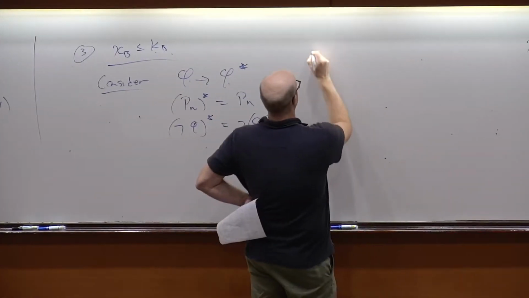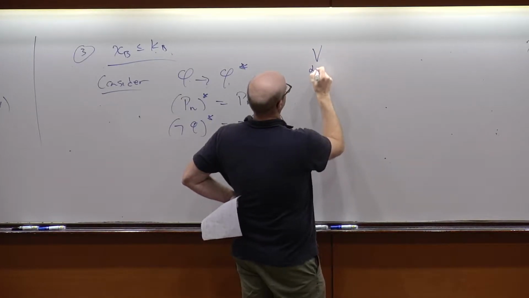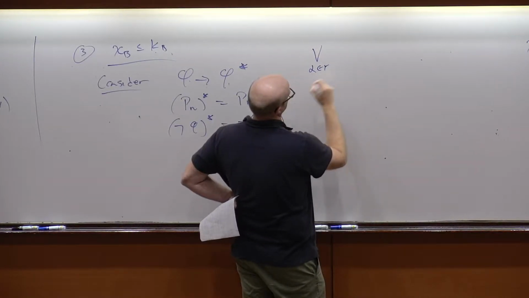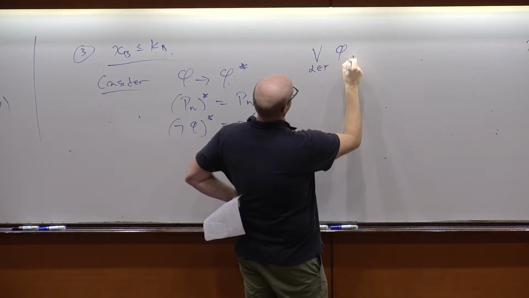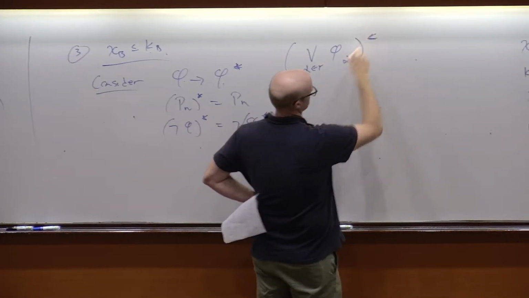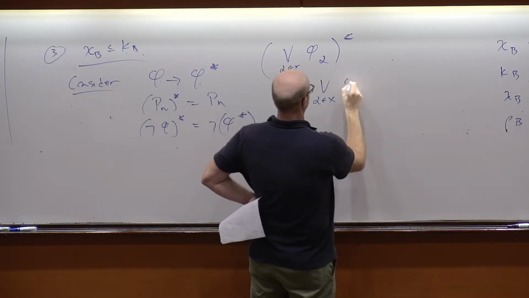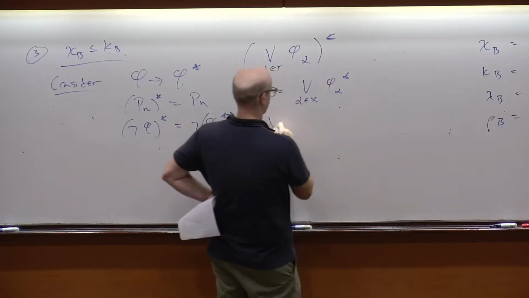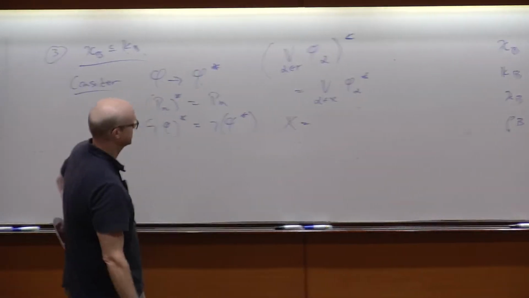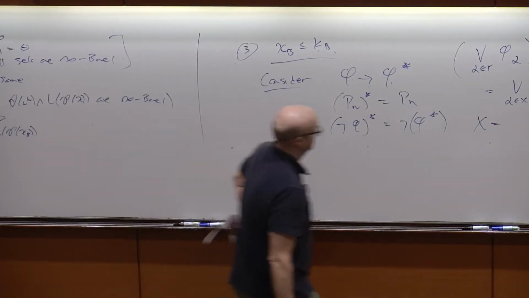The star of a union: if I have the union over alpha in Y of phi_alpha, and I do the star of that, that's going to be the union for alpha in X of phi_alpha star, where X is the set of things that we're helping.